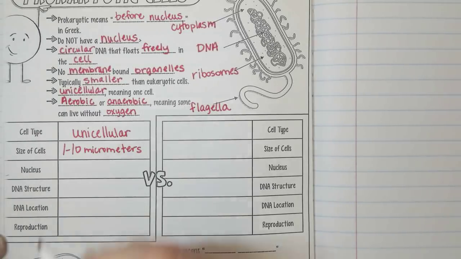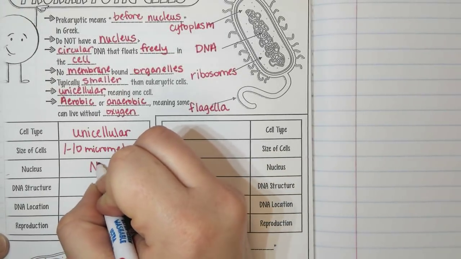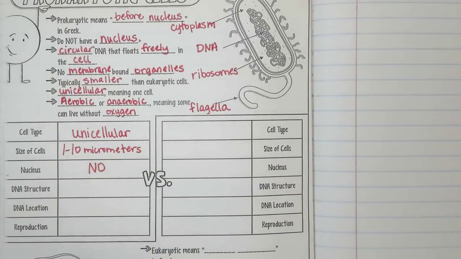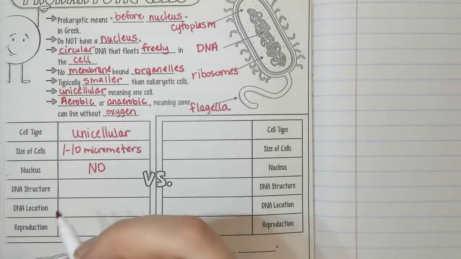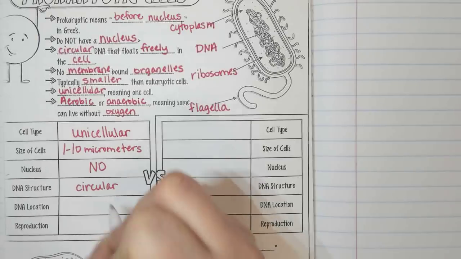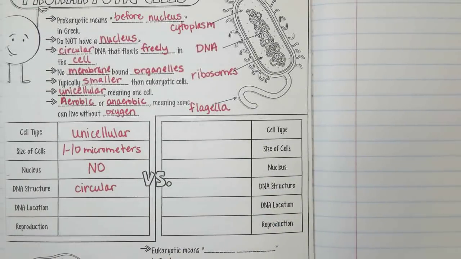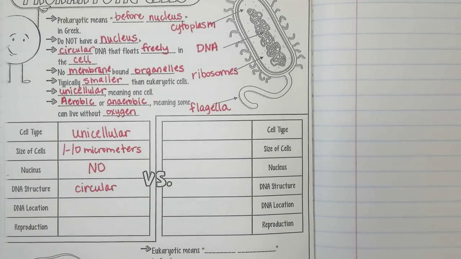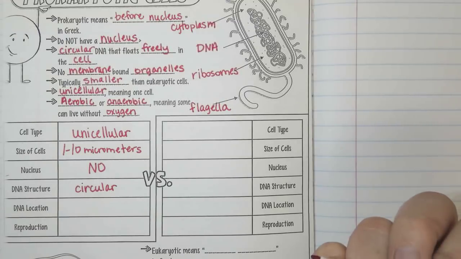Nucleus, we don't have one. No nucleus. The shape of the DNA, or the structure, we called that circular, even though it looks like squiggly lines up there in our picture. And remember that it doesn't have a specific location. It doesn't have a nucleus to stay in.